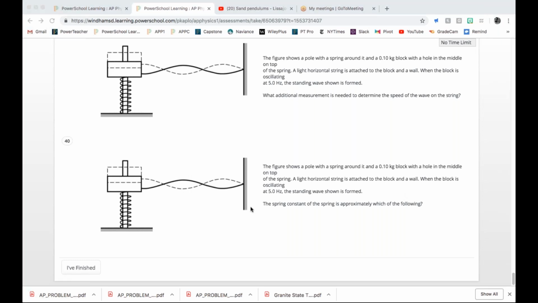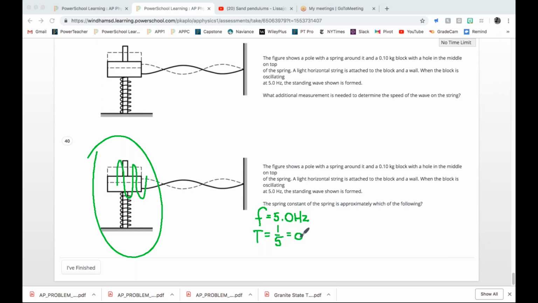In this question, they gave us the frequency of the spring mass oscillator. In order to answer it, it's important to identify that this thing, which is bouncing up and down, is a spring mass oscillator. We're given the frequency as 5 hertz, so we know the period is 1/5, or 0.2 seconds.